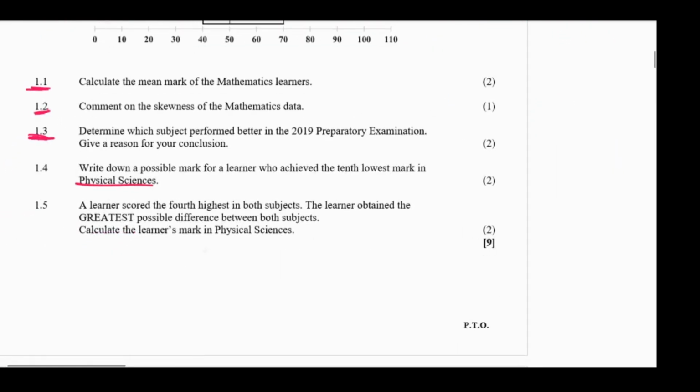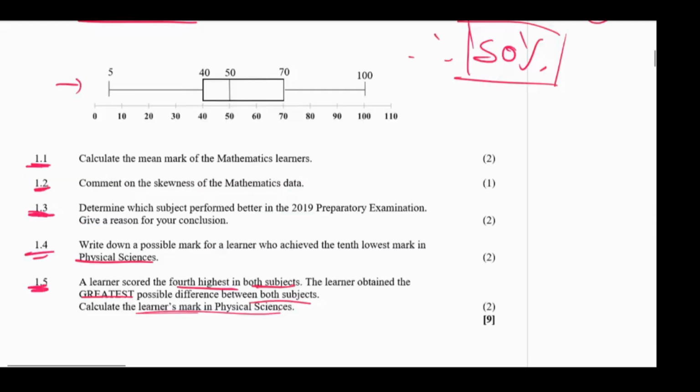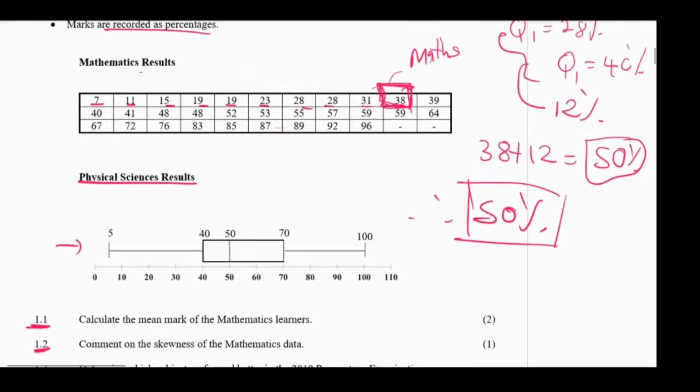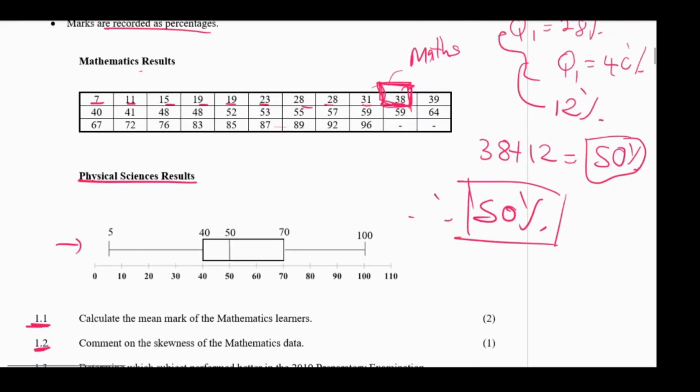And then we're done here. Now, 1.5 says that a learner scored the 4th highest in both subjects. The learner obtained the greatest possible difference between both subjects. Calculate the learner's mark in physics. For the 4th highest, we're still going to use maths because we don't have numbers for physics.